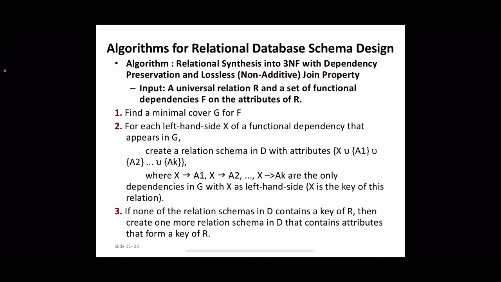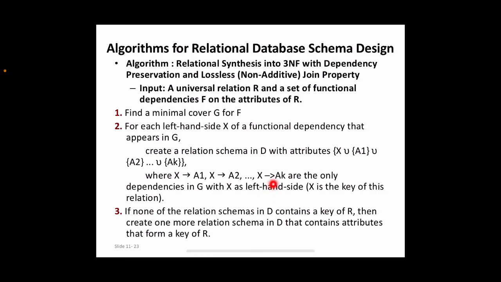Here also the input will be a universal relation R and a set of functional dependencies F on the attributes of R. As a first step, from this set of functional dependencies, we have to find the minimal cover G for F. Second step: for each left hand side X of a functional dependency that appears in G, create a relation schema in D with attributes X union A1 union A2 union etc. AK, where X determines A1, X determines A2, etc. are the only dependencies in G with X as left hand side.